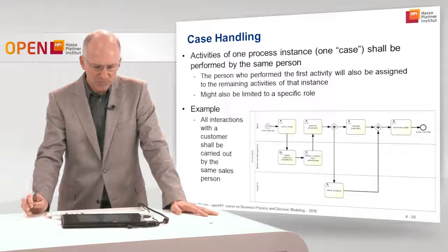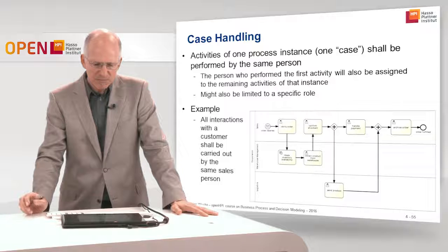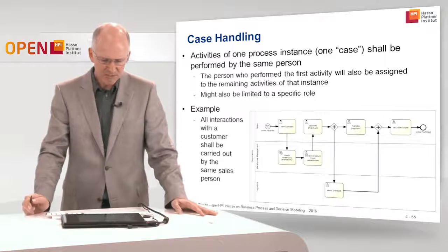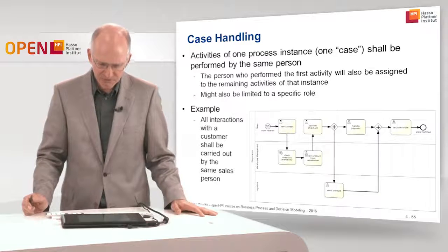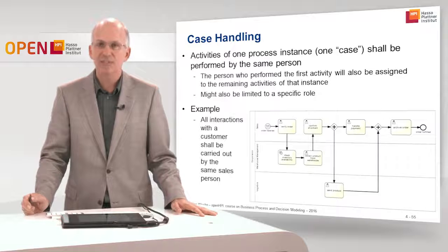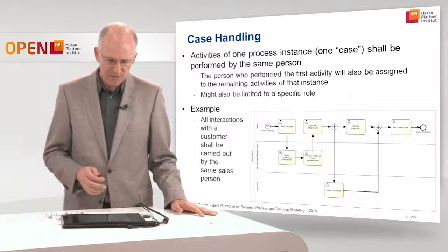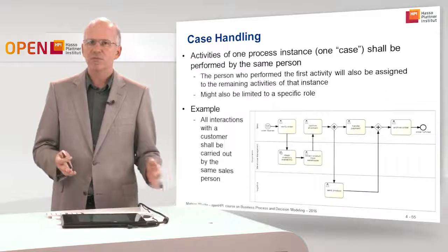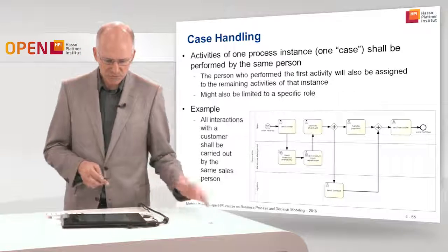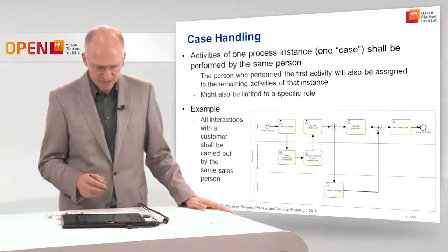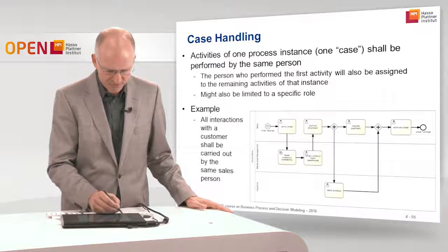Activities of one process instance, one case, shall be performed by the same person. The person who performed the first activity will also be assigned to the remaining activities of that instance. That might also be limited to a specific role. An example is that all interaction with the customer shall be carried out by the same salesperson.